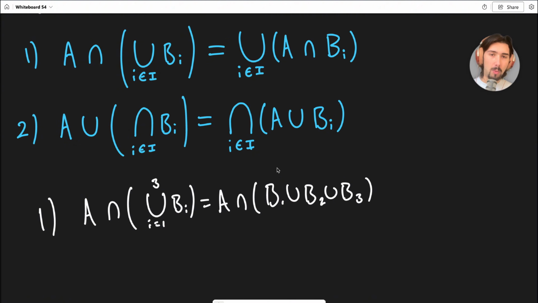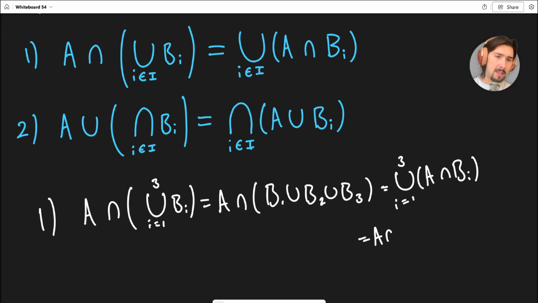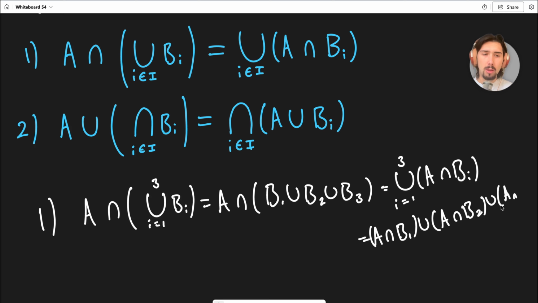That's not what we're proving. What we are proving is that this is the same thing as the union from i equals 1 to 3 of A intersect B_i. If you unpack this notation, that's A intersect B1, union A intersect B2, union A intersect B3. And that's what it's actually saying.